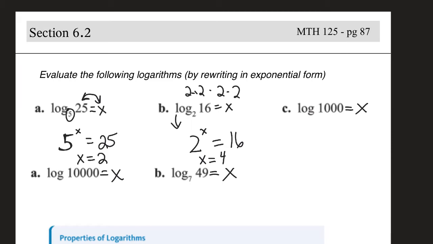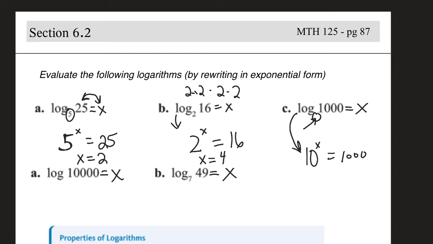Looking at C, I don't have anything written here in the base spot. At the bottom of the page we just looked at previously, I told you if there is no number here, you can assume that number is 10. So if I rewrite this as an exponential, this 10 becomes big and the x and the 1000 switch spots.